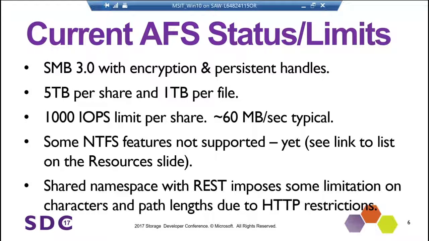Currently, there's SMB 3.0 support with encryption and persistent handles, 5 terabytes per share. That's the implication of right now having a single partition per share, and the partition is a concept within Azure Tables having to do with atomicity. So we have this one-to-one mapping of partitions to shares today, anyway. IOPS, 1,000 per share, that's an arbitrary limit.